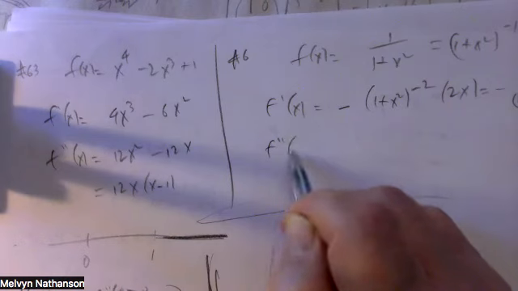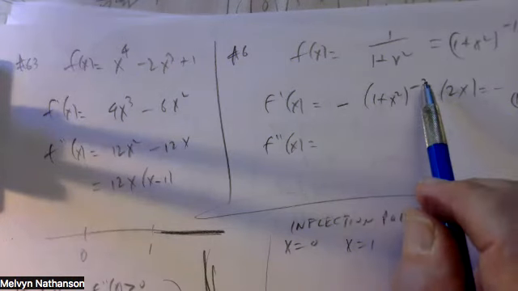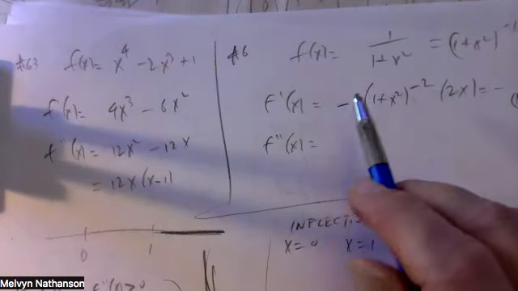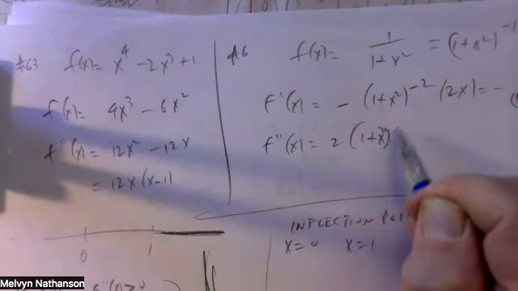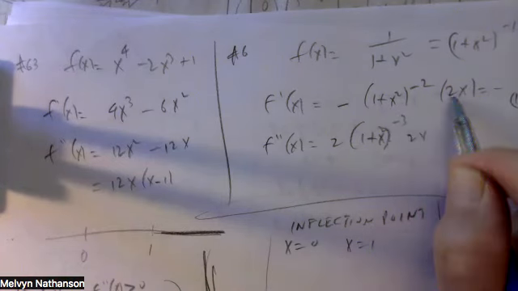And the second derivative is when you differentiate this, the derivative of 1 plus x squared to the minus 2 is minus 2 times minus 1 makes this 2. 1 plus x squared to the minus 3 times 2x times another 2x makes that 4x squared.